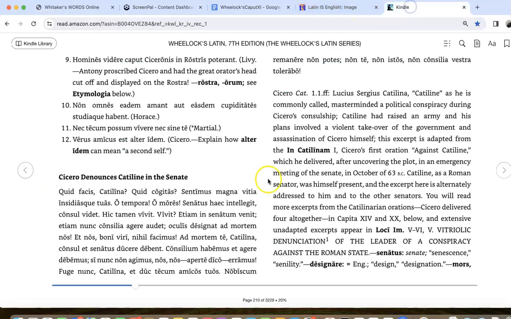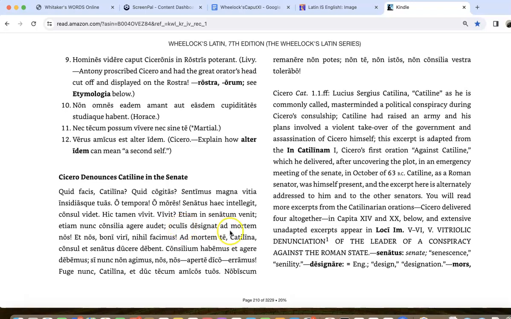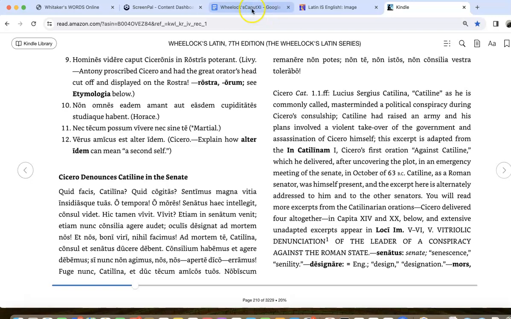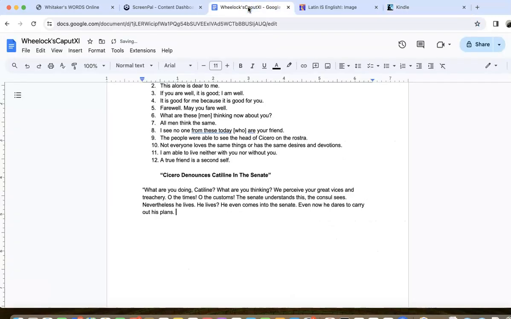So he is planning with his eyes our death. So he is planning with his eyes, literally to the death of us, but we're going to say he is planning with his eyes our death.